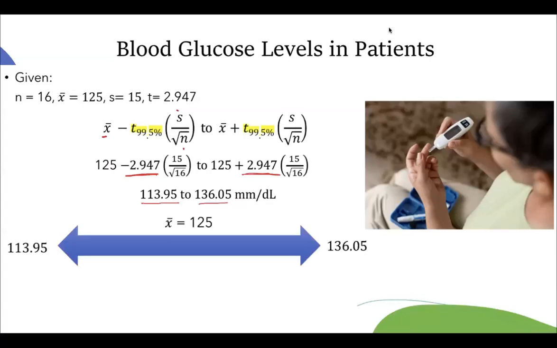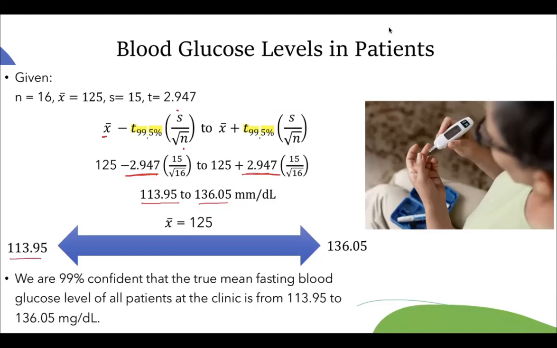Okay, visualizing this using an arrow, on the low end, we have 113.95, and the high end, 136.05, and the point estimate in the center is our sample mean, 125. We are 99% confident that the true mean fasting blood glucose level of all patients at the clinic is from 113.95 to 136.05.